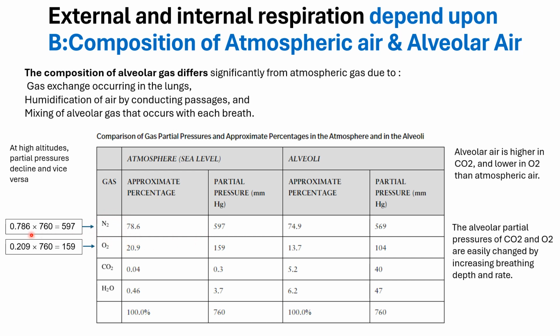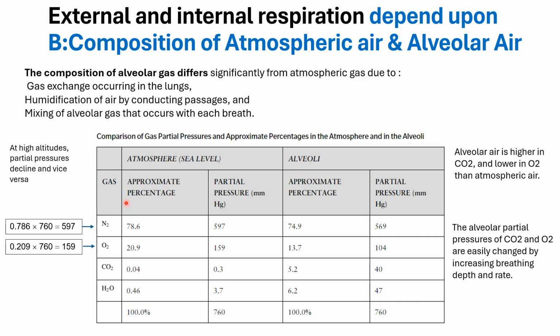proportion. So nitrogen gas is 78.6% present in the atmospheric air, and oxygen is 20.9, which we commonly say is 21%, almost 21%. The rest of the gases, as you can see, carbon dioxide and the water vapors, are present in very small amounts compared to the nitrogen and the oxygen.